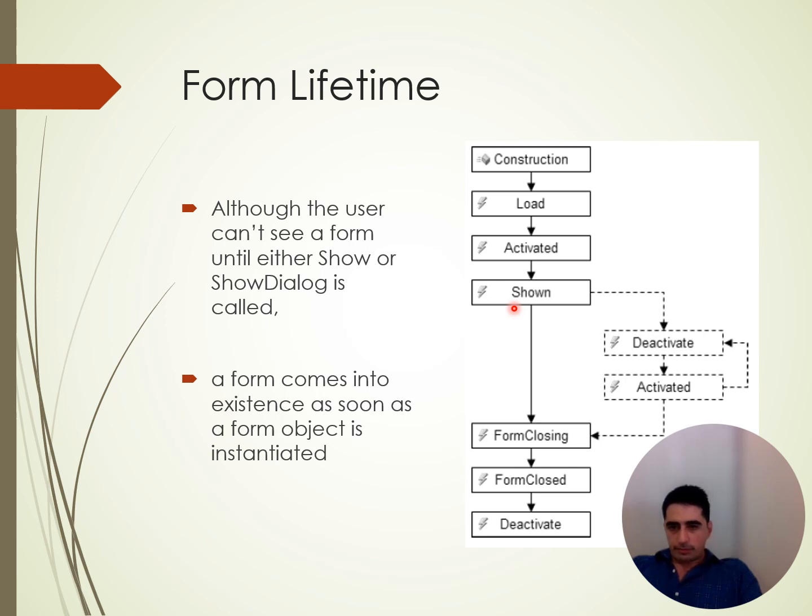and while it's shown, it can get activated or deactivated multiple times. So when it's shown at the very beginning, it's activated, but it can get deactivated if, let's say, the form is shown in a modeless fashion and you're trying to interact with another form in the same application as a user of the application. So in this situation, you're just deactivating it. Or let's say this is the main form and you're minimizing it.